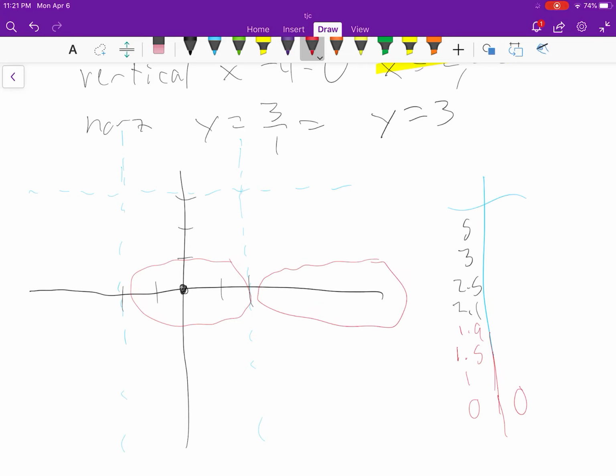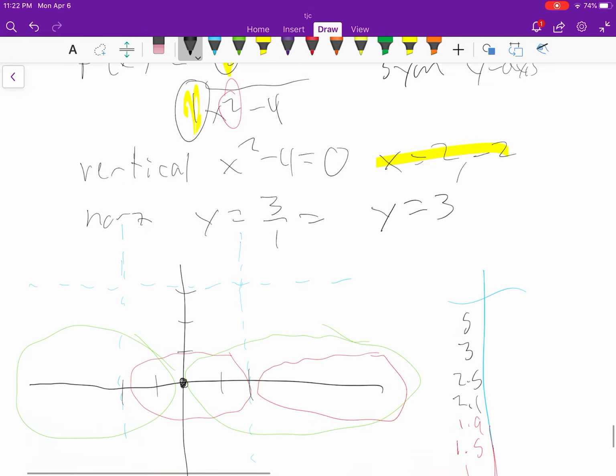And then we're going to stop. Now, why am I going to stop there? Well, I'm going to stop there because I know it's symmetric with respect to the y-axis. So whatever it does in this region here, it's going to do the same thing over here because of its symmetry. That's the advantage that symmetry has: it gives us what it does on the other side, and we don't have to plot a bunch more points.